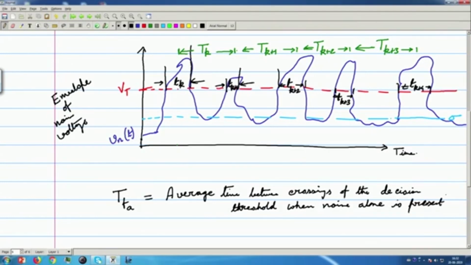Average time between crossings of the decision threshold when noise alone is present.